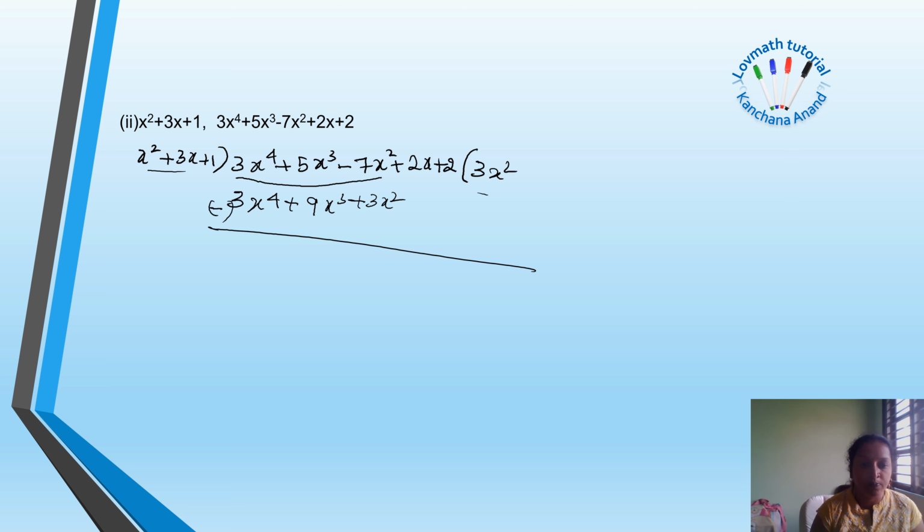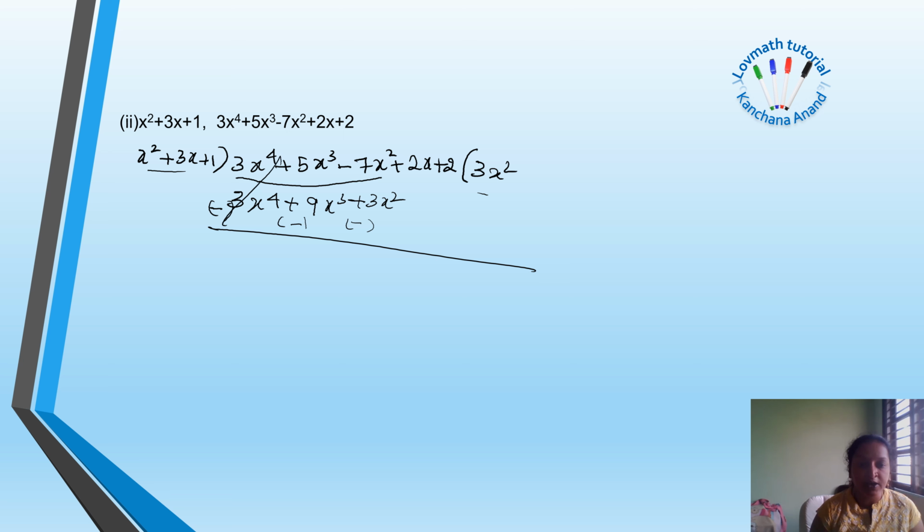So here plus 3x to the power of 4 becomes minus 3x to the power of 4. Here plus 9x cube becomes minus 9x cube, and here plus 3x square becomes minus 3x square. So the remainder is 3x to the power of 4 and minus 3x to the power of 4 get cancelled.